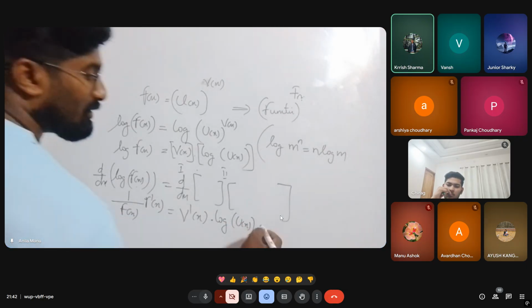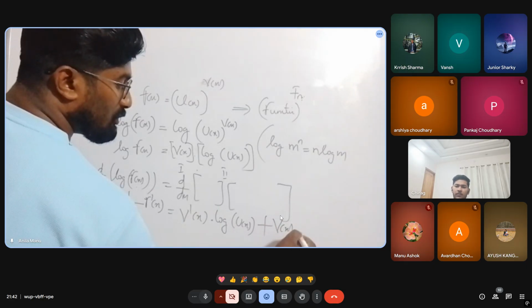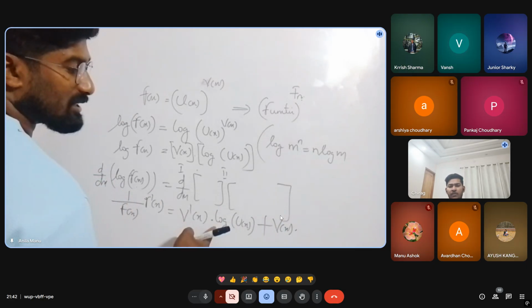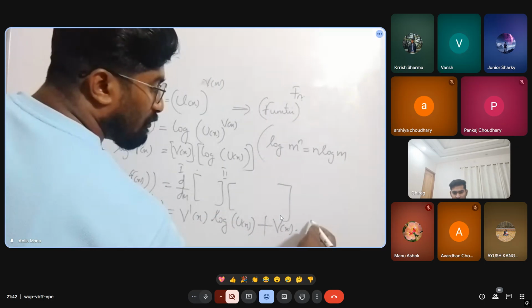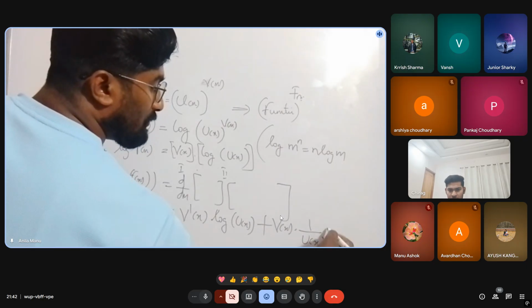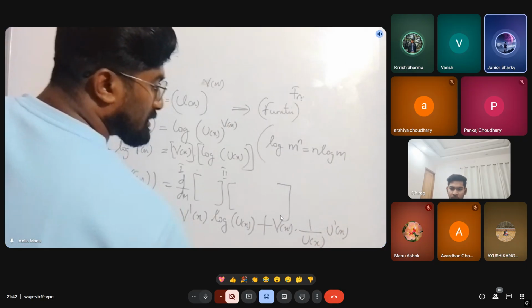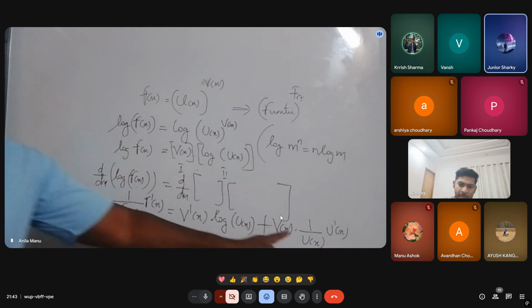Plus first function v of x into derivative of the second function. Derivative of log x is 1 by x, that is 1 by u of x. Then you have to differentiate u of x, so u dash of x. Clear?